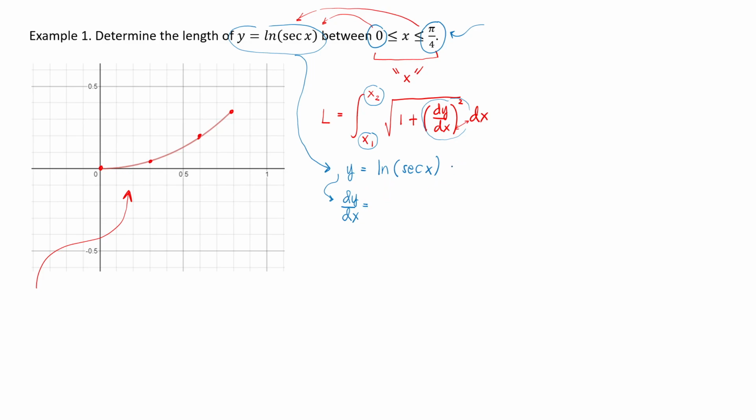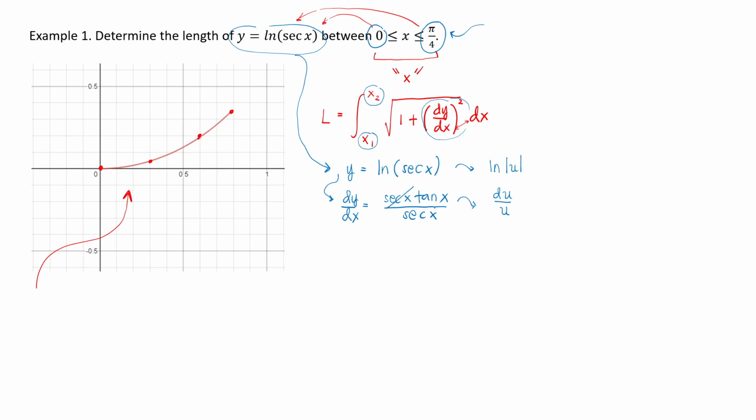So again, this becomes ln u in our derivatives. The corresponding derivative of ln u is du all over u. Meaning, getting the derivative of secant is secant x tangent x all over the u, which is secant x.